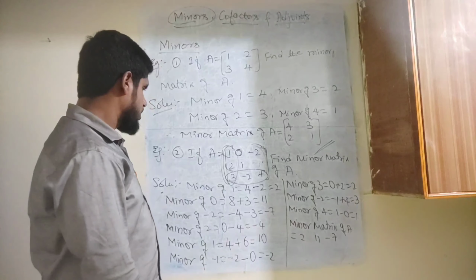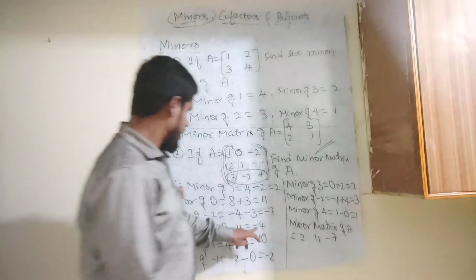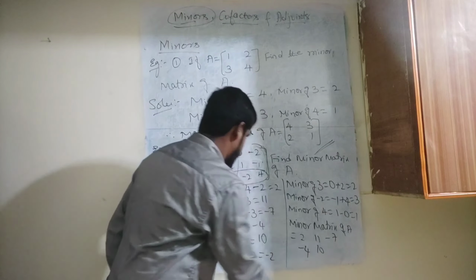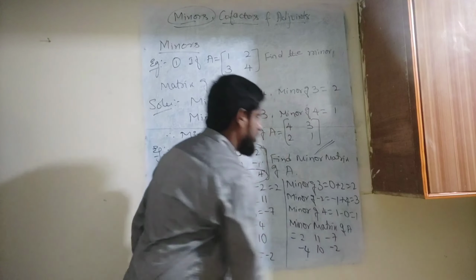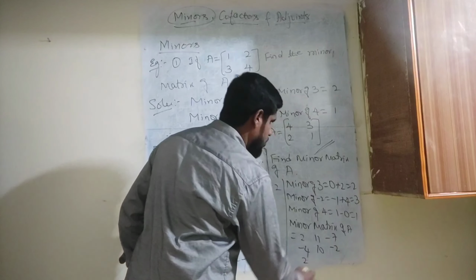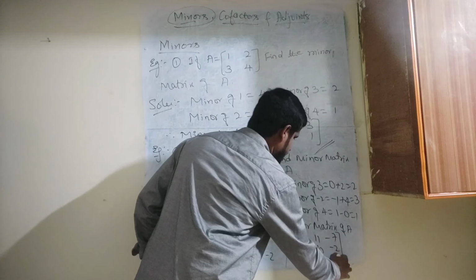The next row, −4, 10, and −2. Next, 2, 3, 1.